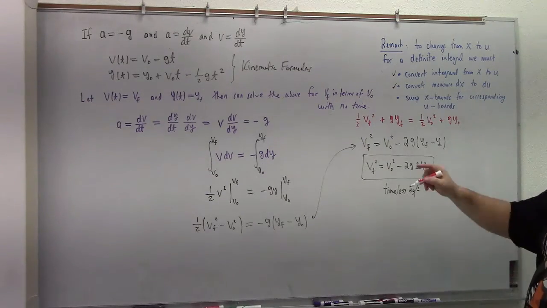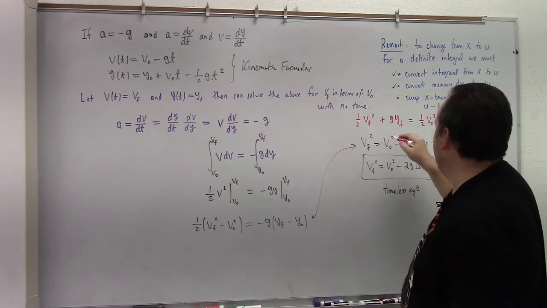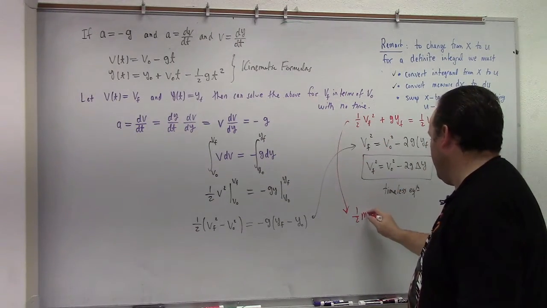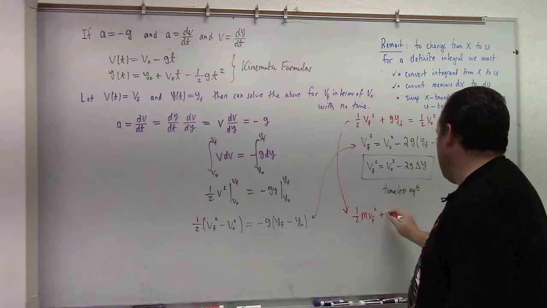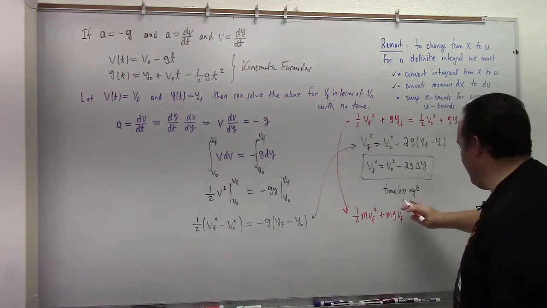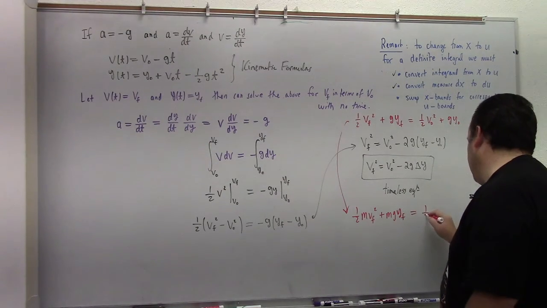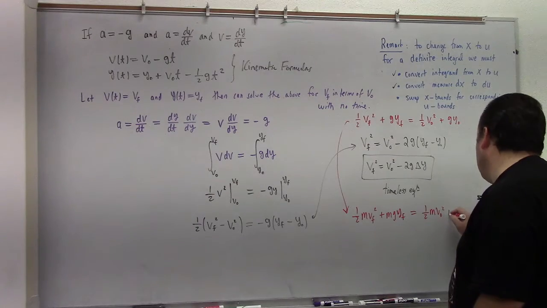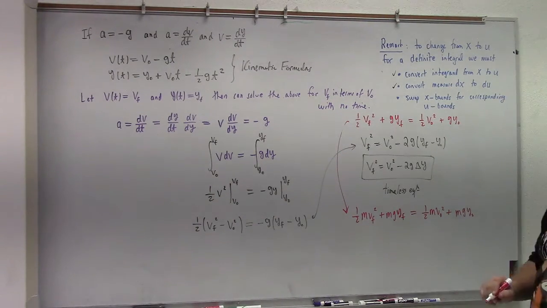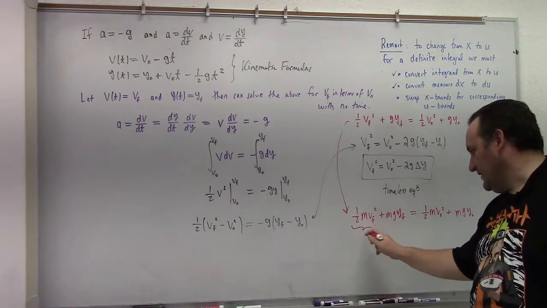Take this equation, multiply it by m, what happens? You get 1/2 m vf squared plus mgyf equals 1/2 m v naught squared plus mgy naught. Do you guys recognize that? Anybody? This is kinetic energy.